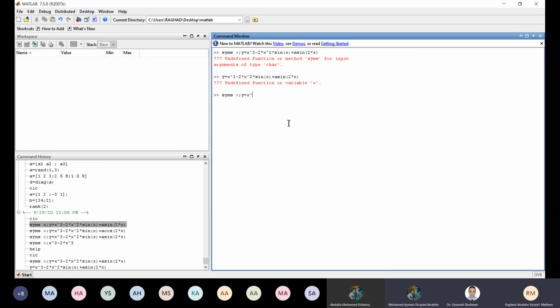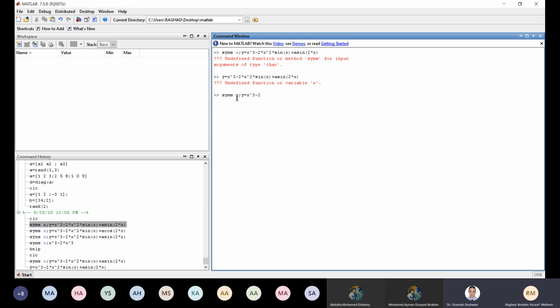Doctor, you said the space is not allowed in this. Yes. No, only with the syms. Only with the syms. This is what I said. The only space you are allowed is just the syms one. Okay. Execute. Complete the function? Yes. Okay.